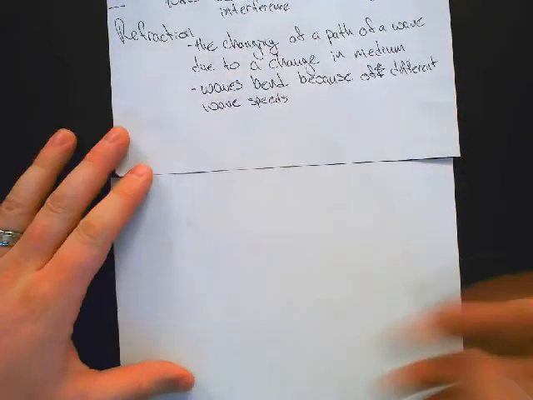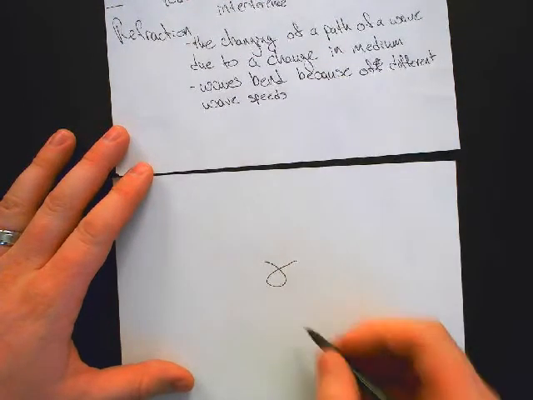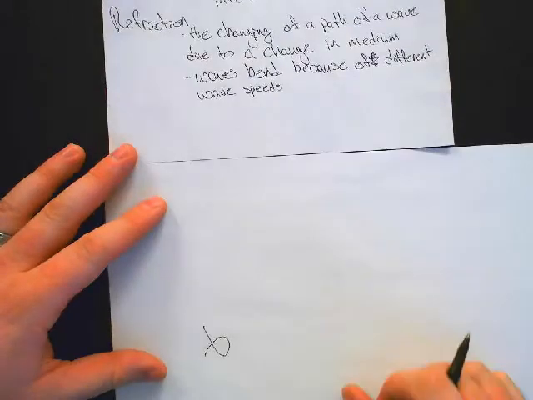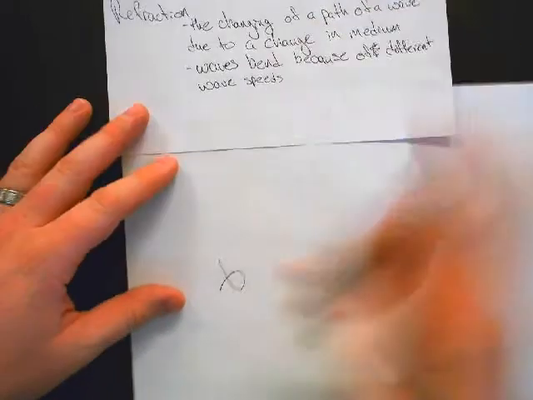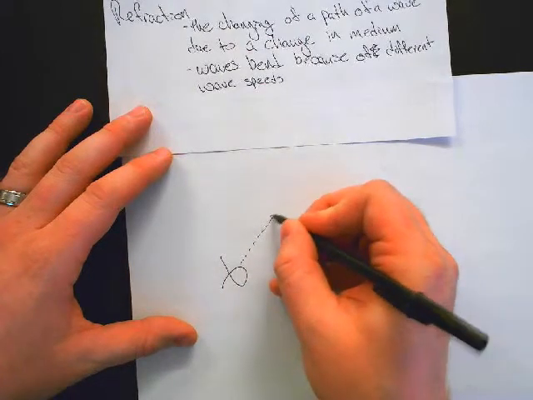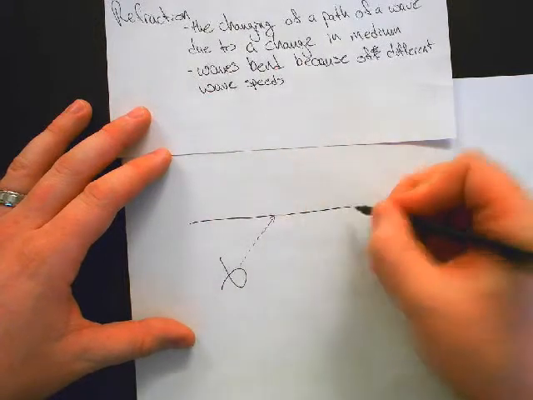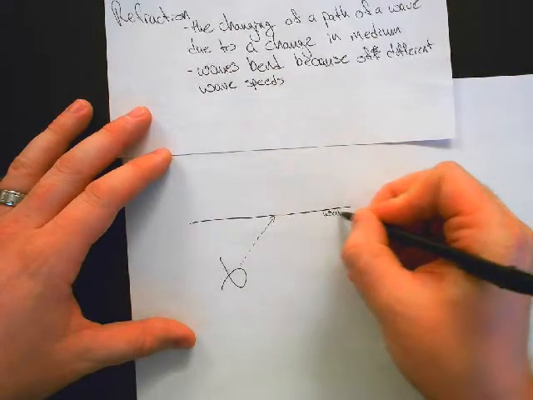You didn't aim at the fish because as the light from the fish, here's our fish, is coming towards the surface, the light itself changes its direction. So here's our water versus air.